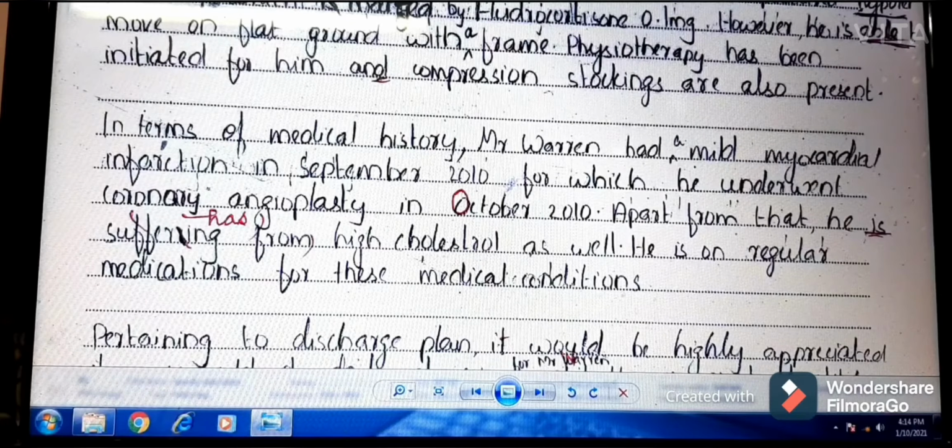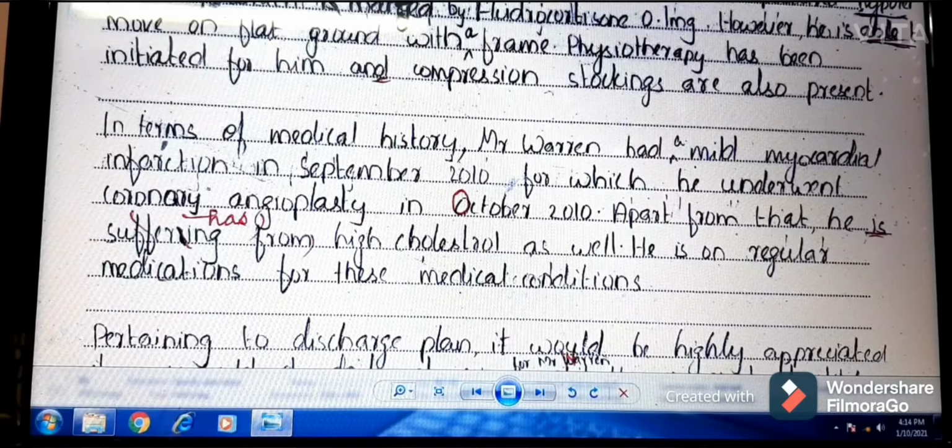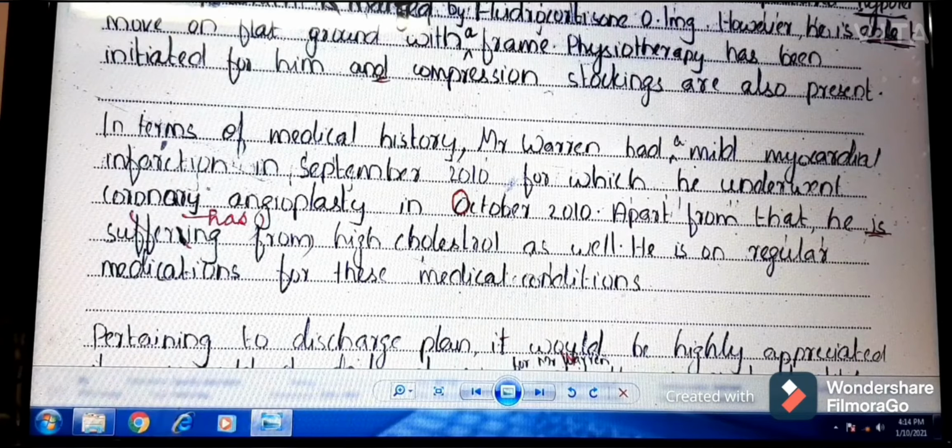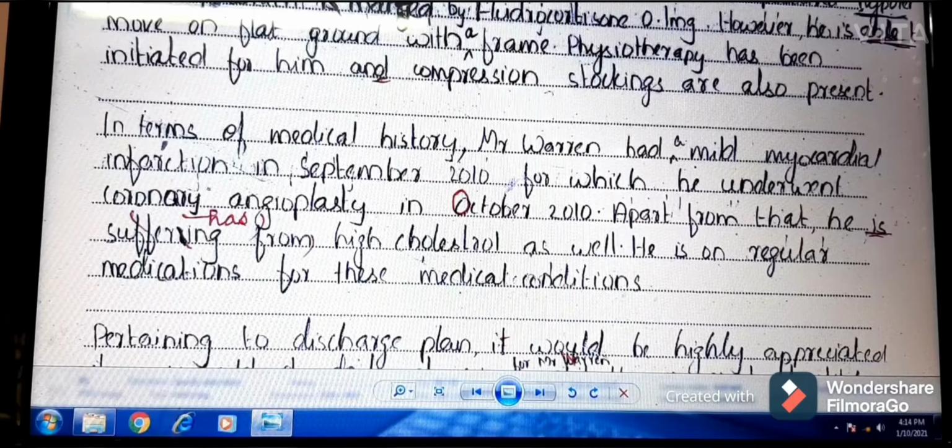The usage "suffering from" is totally correct, linguistically and of course grammatically perfect. But in OET, it may be considered wrong because it is a judgmental usage, or an opinion about the condition of the patient.